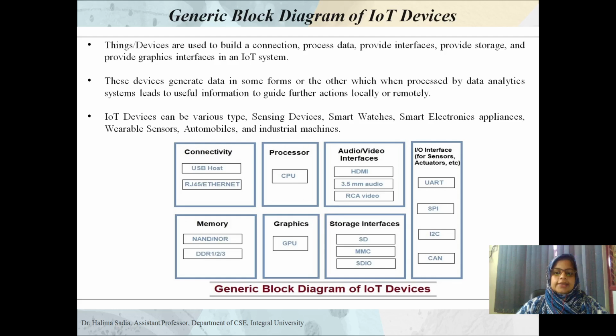Then the next in the generic block is I2C, inter-integrated circuit, which is general purpose input output, GPIOs. I2C combines the best features of SPI and UART. That is, with I2C we can connect multiple slaves to a single master. In SPI we have a single slave and a single master.